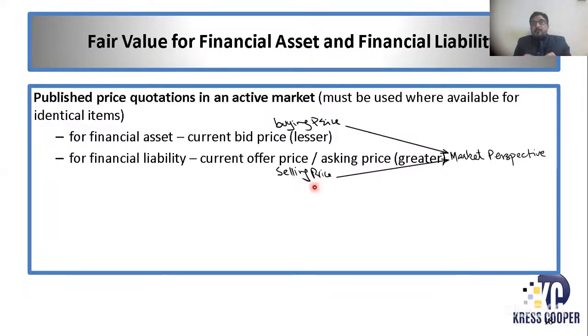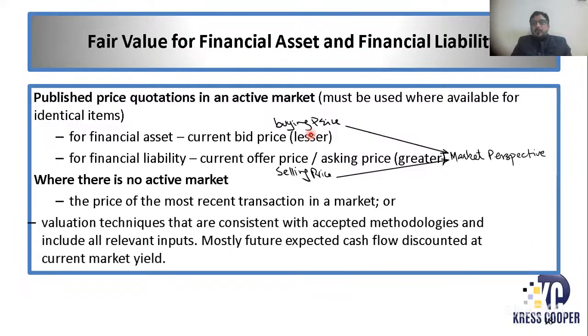And when you would be selling, you would be selling at a bid price, which I'll explain a little later. By the way, financial assets are measured at bid price and financial liabilities are measured at offer price. The offer price is in fact the selling price, which is normally greater than the bid price, which is normally lesser. So this is buying and selling from the market perspective.